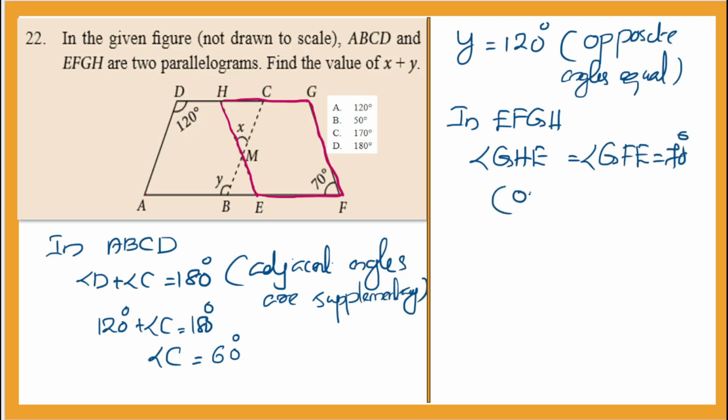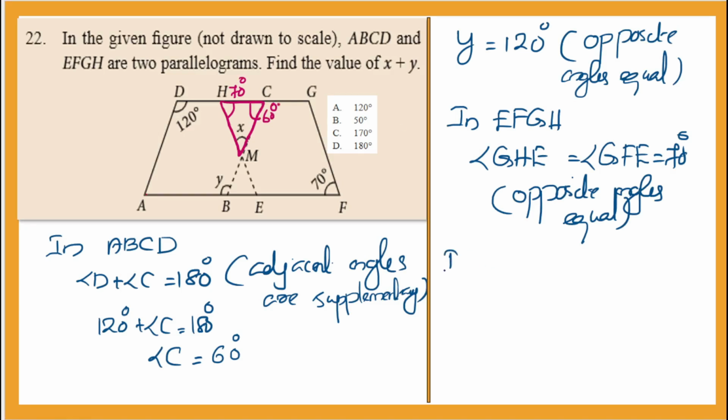Opposite angles of parallelograms are equal. Thus in triangle CMH, we got this angle as 70 degrees, and this one as 60 degrees.